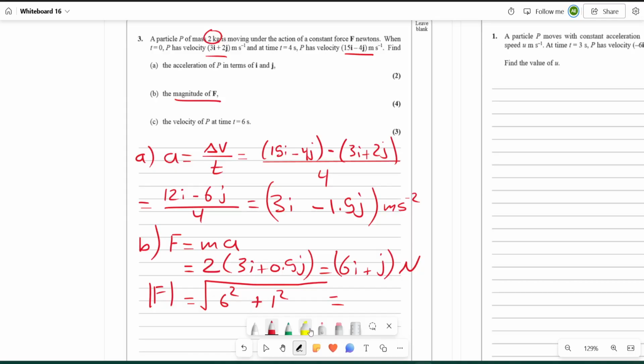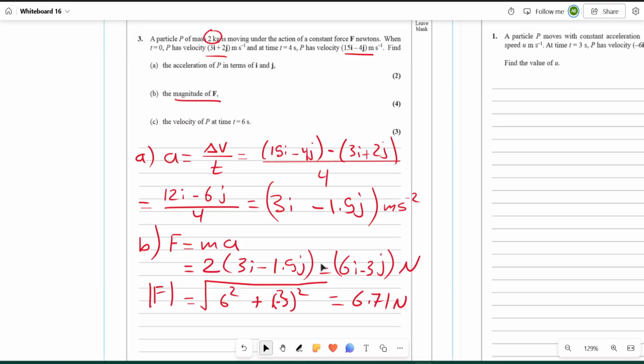And over here is also going to be minus 1.5j multiplied by 2, which is basically minus 3j. And over here, I'm going to add not 1 squared, I'm going to add minus 3 squared. So that is going to be the square root of 6 squared plus negative 3 squared. That's going to give me an answer of 6.71 newtons. That is going to be the magnitude of force F.